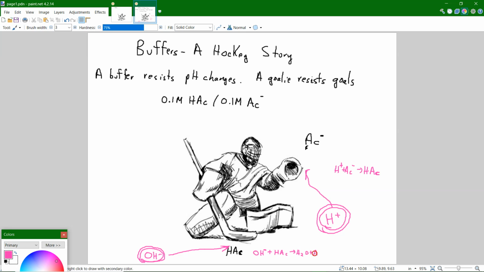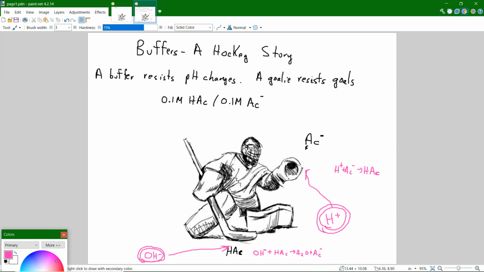So you do get a bit more of the conjugate base forming. Some of the acid does get consumed, but think of those as the splinters on the goalie stick that break off when you make the save. And yes, eventually the stick will be useless, but for a long time these stick saves will be good.